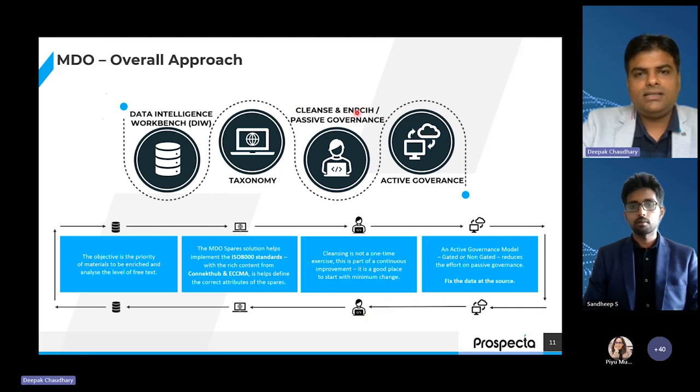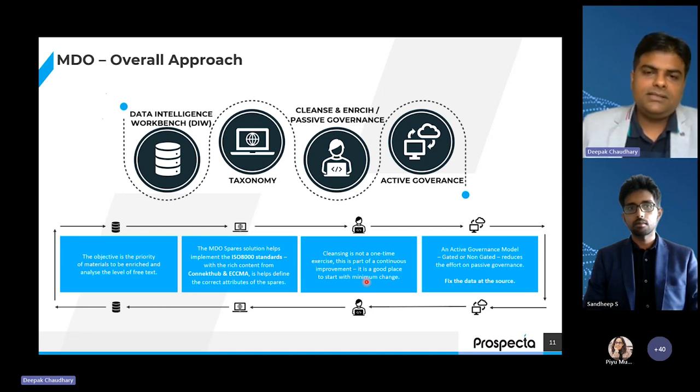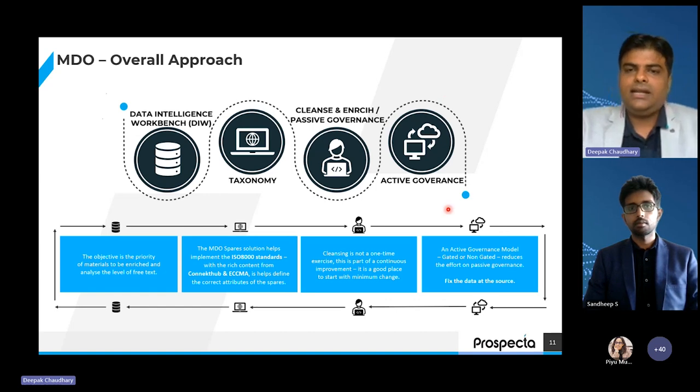This is what we call passive governance as well. You can clean up all of your legacy data based on the defined business rules that you want to have. And then ultimately, once all of your data is cleaned up, you want to keep the data clean as well, right? So you need active governance, wherein all the new master data also gets created in a standardized format.